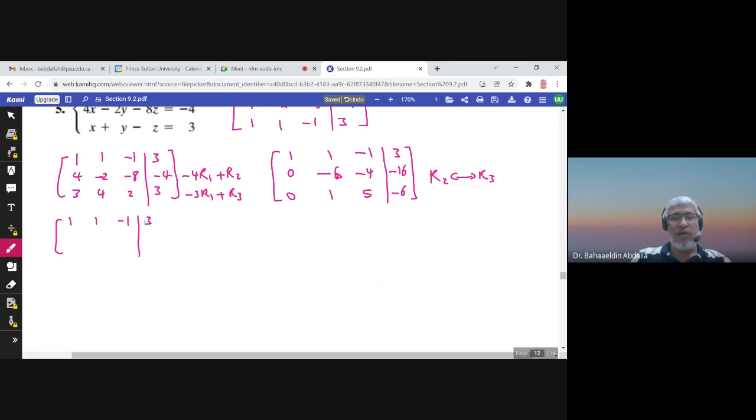You can divide by negative 6 to get 1, but you will have fractions, and I don't like fractions. So now I use the 1 here in the second row, second column, to make the -6 0.